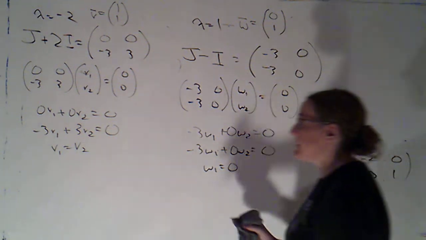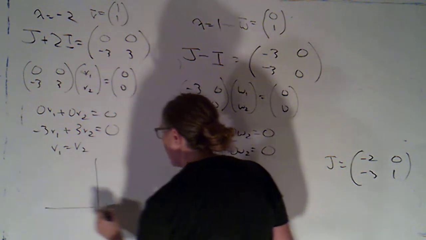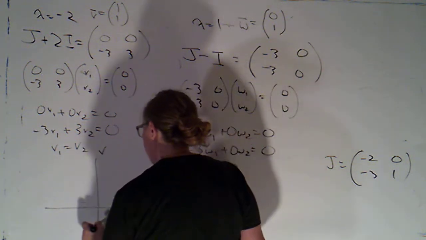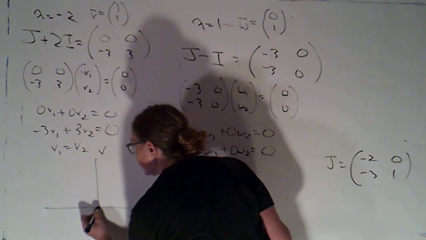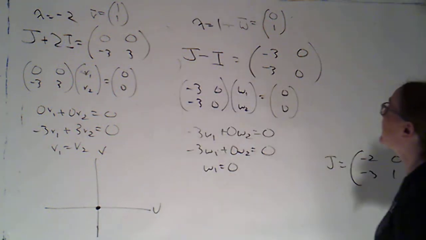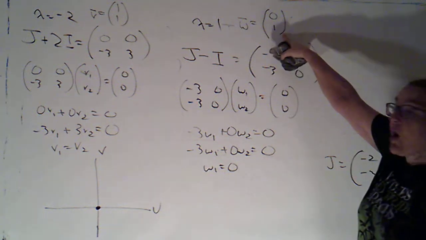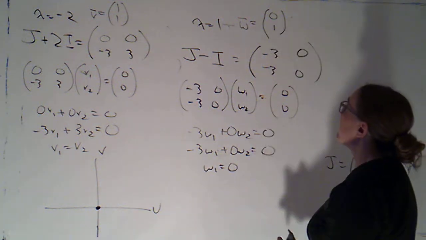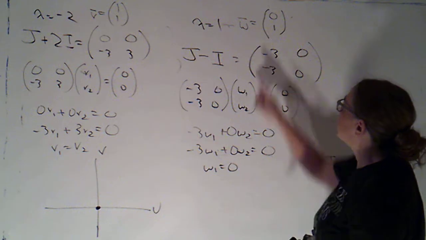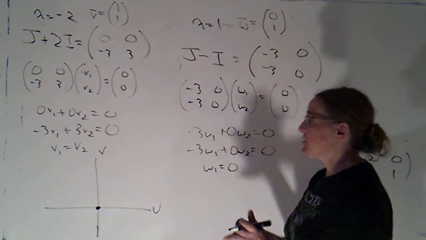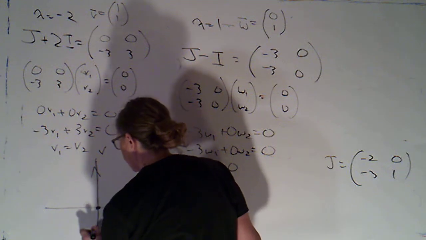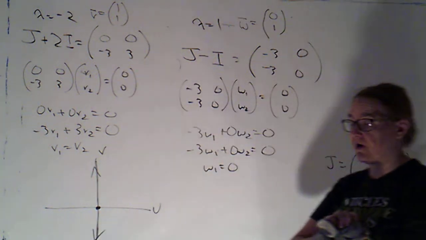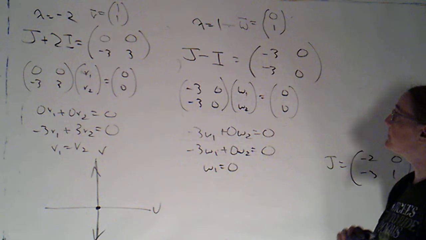So now with this, I can pretty nicely draw in the UV plane what my phase portrait looks like. I know I've got an equilibrium solution at the origin. 0, 1, which just puts me on the y-axis, is an eigenvector corresponding to 1. So the y-axis is going to give me straight line solutions that are moving away from the origin.